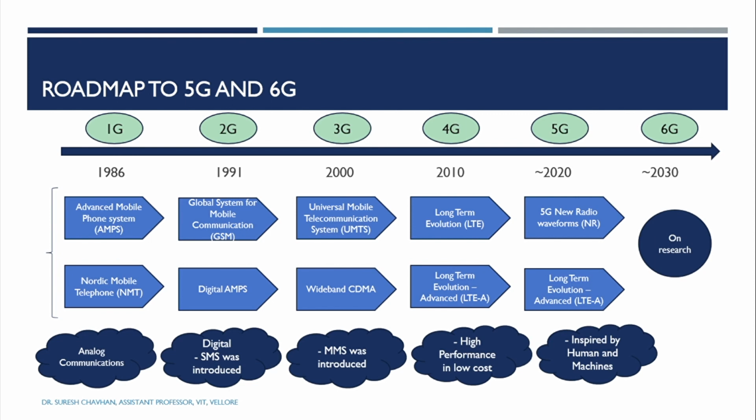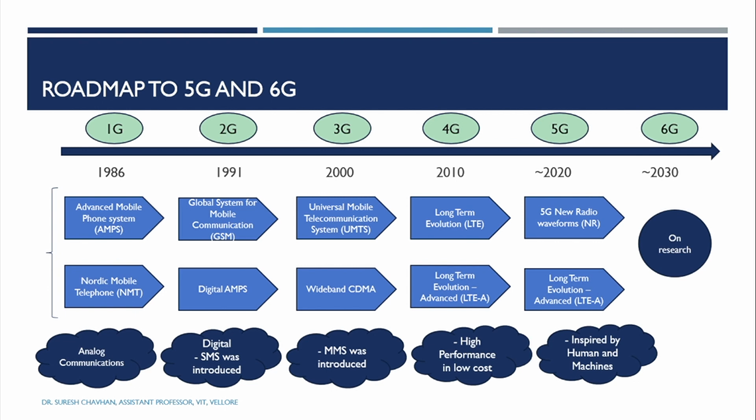There they introduced GSM, the Global System for Mobile Communications, and digital AMPS, the digital Advanced Mobile Phone System. There they introduced digital SMS. Before WhatsApp, before Facebook, we used to just send an SMS through our mobile. And 3G was introduced in 2000.